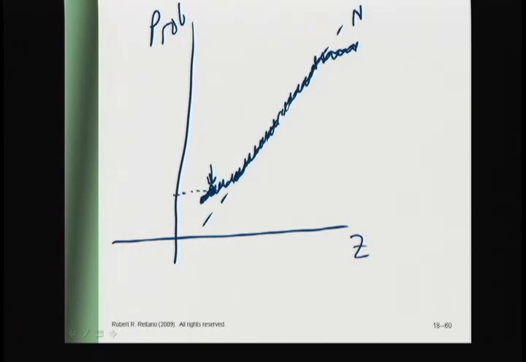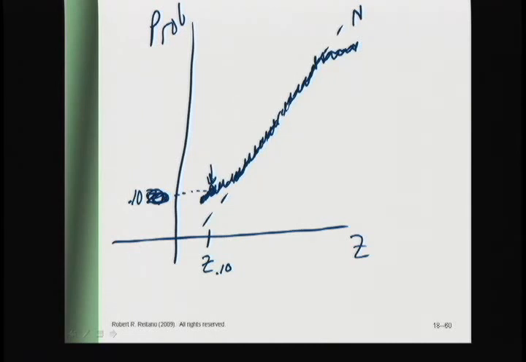Let's imagine, for the sake of argument, that this z value corresponds to the 10th percentile. So here's the z value. I should call this 0.10 as a probability.